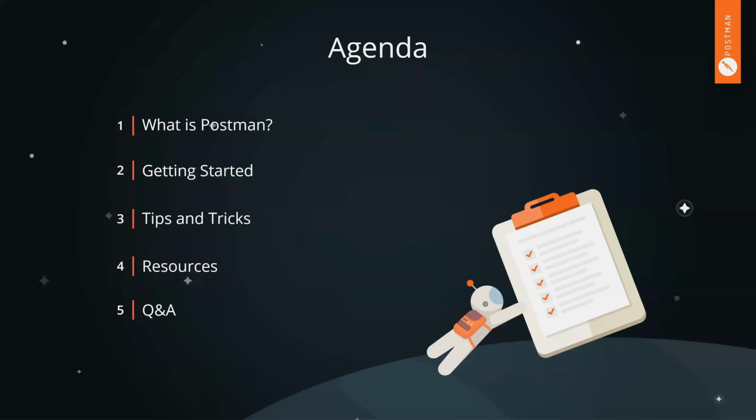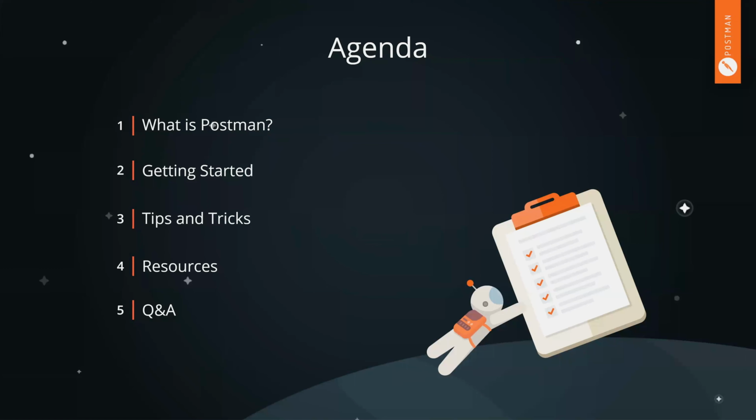So for today's agenda, first we'll go over what is Postman. We'll talk about APIs and endpoints, and then we'll talk about its features. Next, we'll be getting started on the section where we'll go over how to use and navigate the Postman app. We'll show you how to use the Launchpad and easily find features. I'll go through a live demo and make some API calls. We'll even use the Game of Thrones collections for fun.